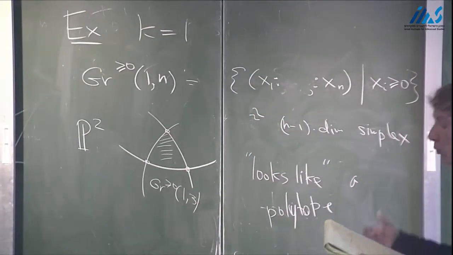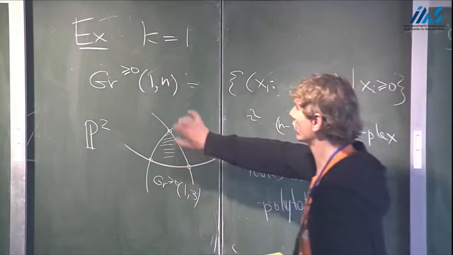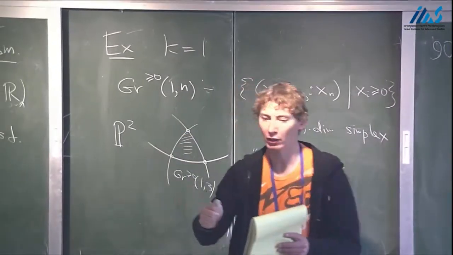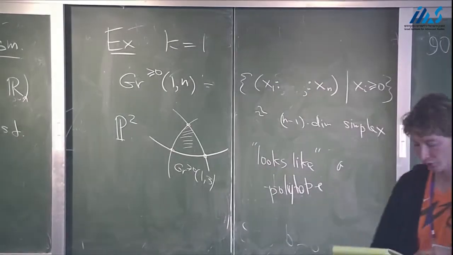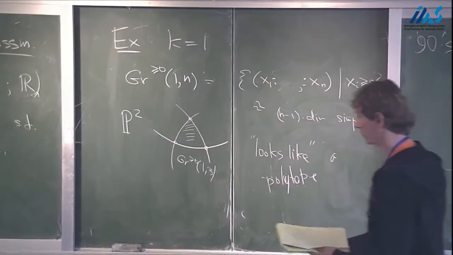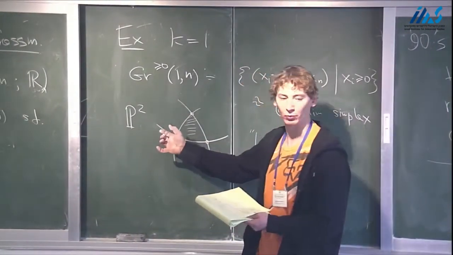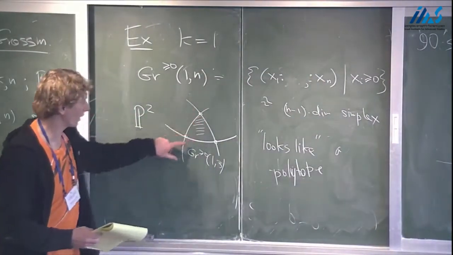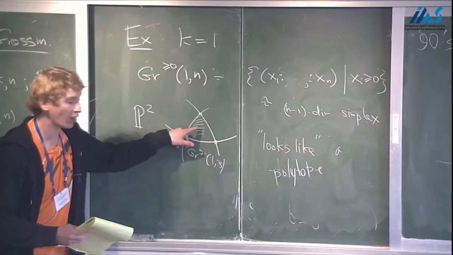Okay, and that's how the positive Grassmannian is going to look in general. It has some kind of combinatorial structure. It has faces of various dimensions. And these faces give you a stratification of the positive Grassmannian. So for example, this triangle is subdivided into 3 vertices, 3 edges, and 1 face.